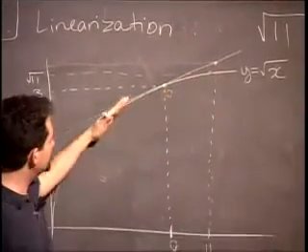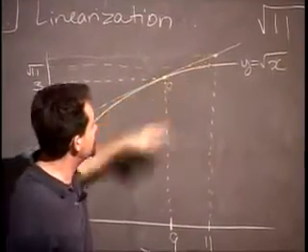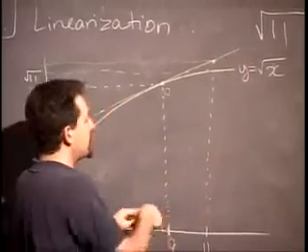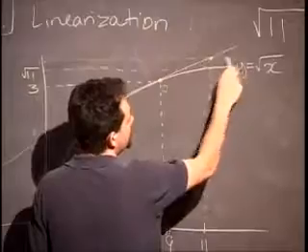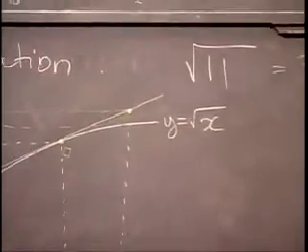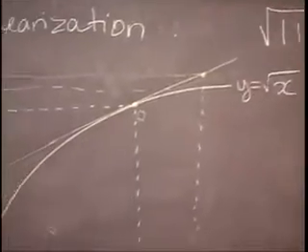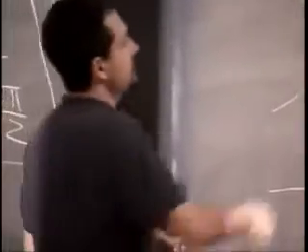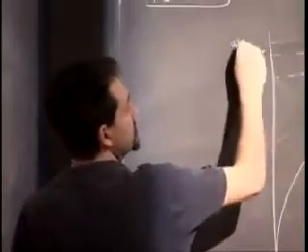In fact, the true graph of root x, I should have drawn it a lot closer. I think the graph that I have in my book is closer, but I knew you couldn't see the difference out there, so I've exaggerated it. Anyway, we're going to use this as our approximation.